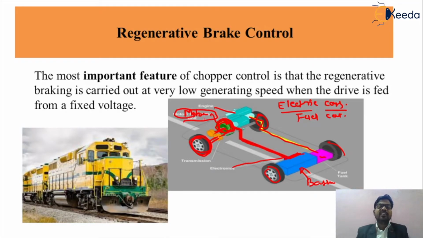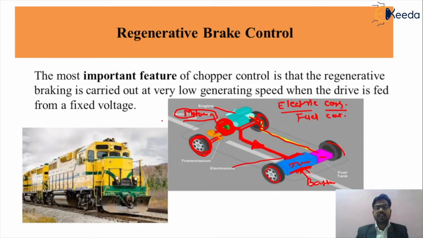It generates electricity, and that electricity is stored in the battery, or fed back to the battery supply system, because for starting the motor we are using a battery. So when regenerative braking takes place in the vehicle, the generated energy is fed back to the battery supply system. Such a technique is called the regenerative brake control technique.